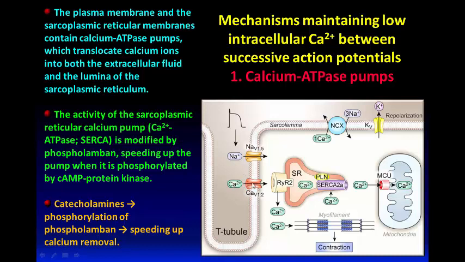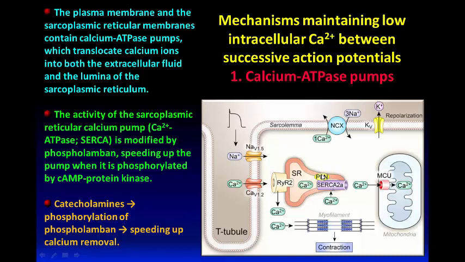So we have more influx of calcium. So catecholamines increase the force of contraction, and they also speed up the removal of calcium from the sarcoplasmic reticulum by inducing phosphorylation of phospholamban.